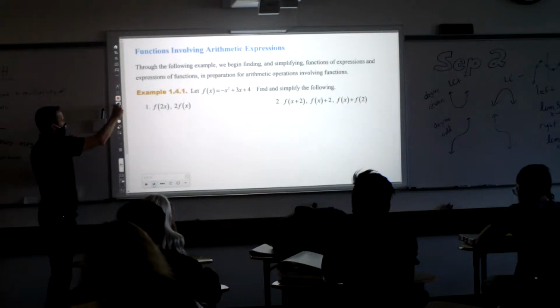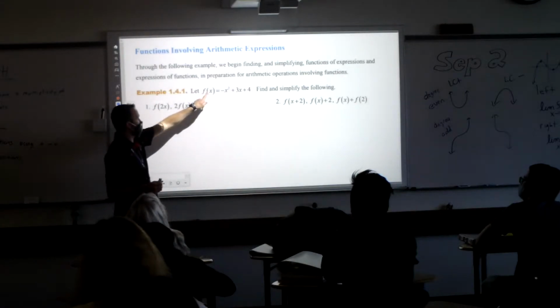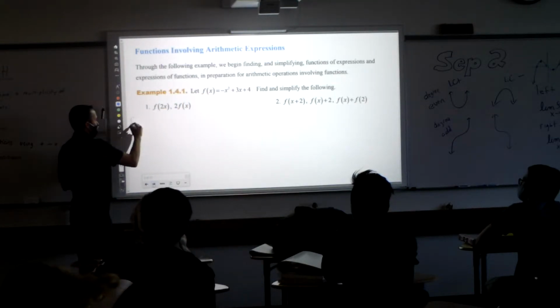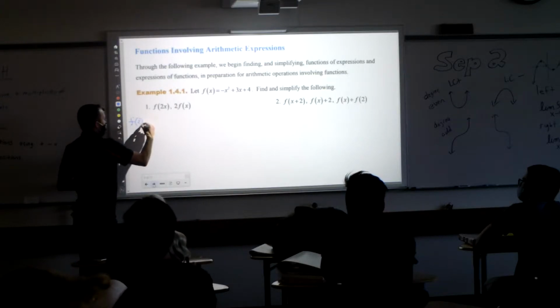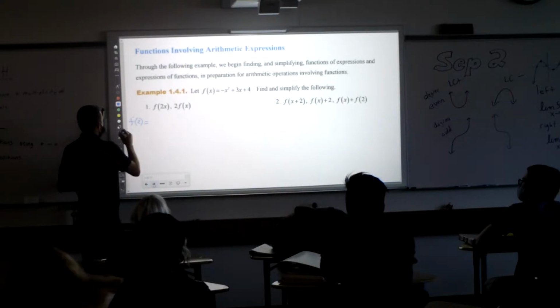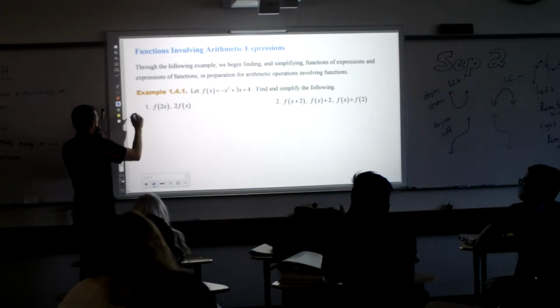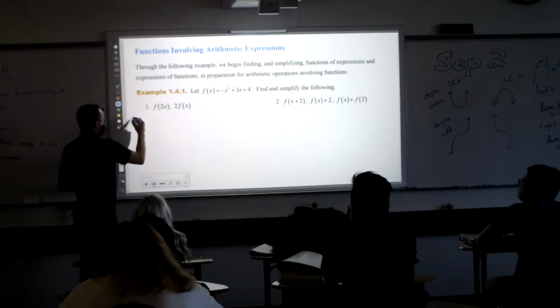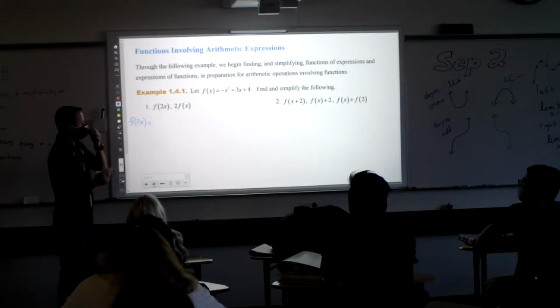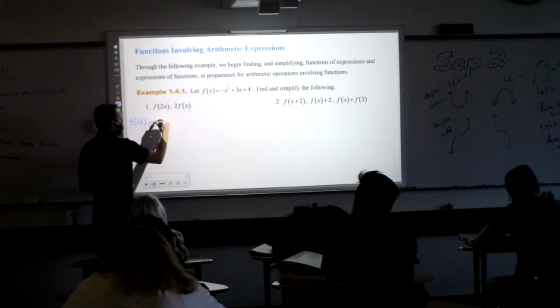For example here, this is f of x, this is f of 2x. What this means is that everywhere I see an x, what am I going to put instead? A 2x. So there's still a variable, so I won't be able to just simplify this to nothing, or to a constant, but we will simplify as much as we can.